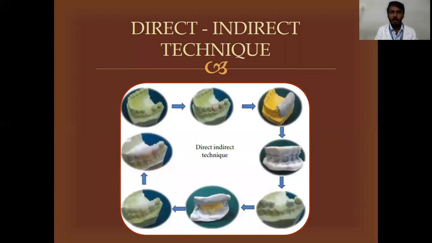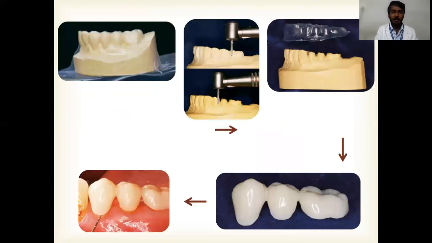Now coming to the last technique, that is the direct indirect technique. So in the direct indirect technique, from the diagnostic cast, we will be making a template. After making the template, we will be doing a mock tooth preparation in the diagnostic cast. After doing the mock preparation, we will adapt the template, and after application of separating medium and application of the polymethyl methacrylate into the template, we will be placing it over the cast that has been prepared.